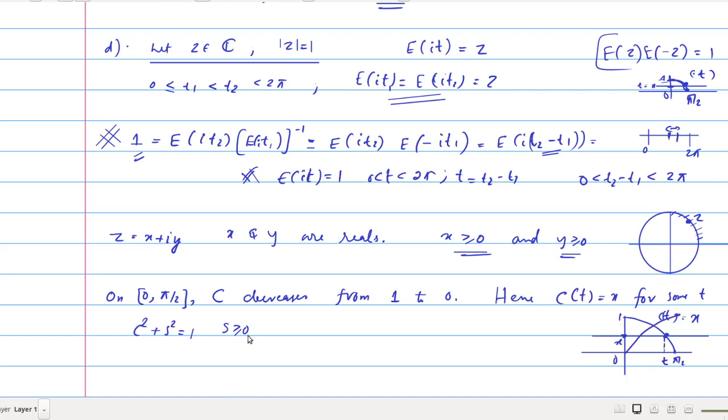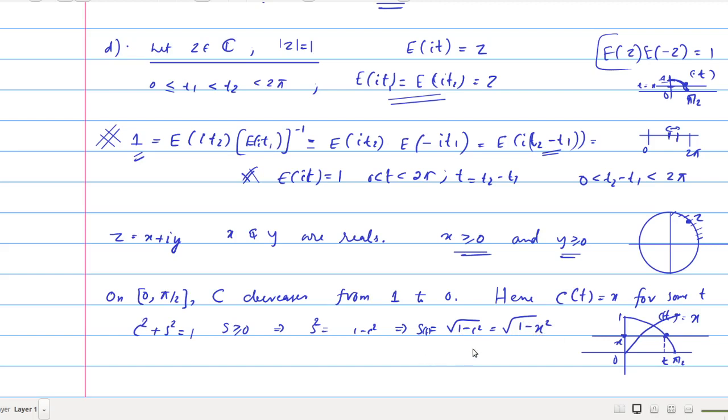So since s is greater than or equal to 0, from this equation we get s squared equals 1 minus c squared, so s is equal to the square root of 1 minus c squared. Since c of t is equal to x, we can write s of t as the square root of 1 minus x squared.